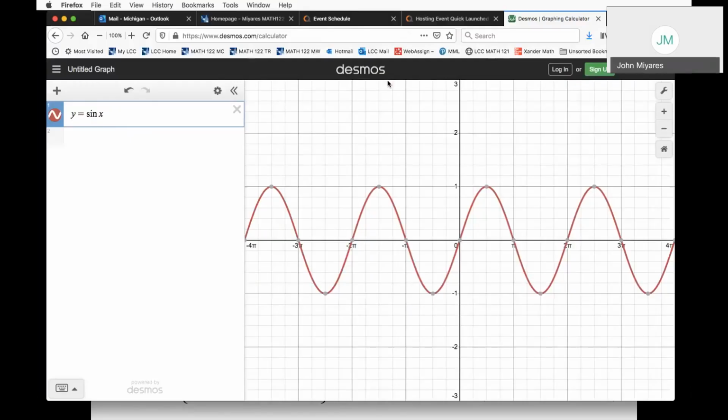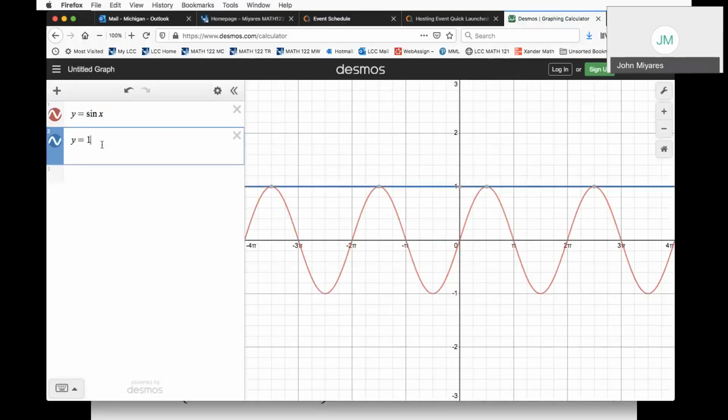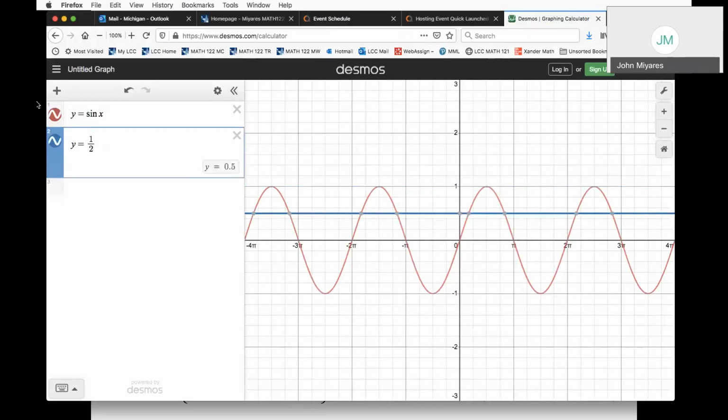So here is the graph of my equation y equals sine of x. And let's go ahead and insert the horizontal line y equals 1/2. I'll make it a dashed line so we can see it clearly.